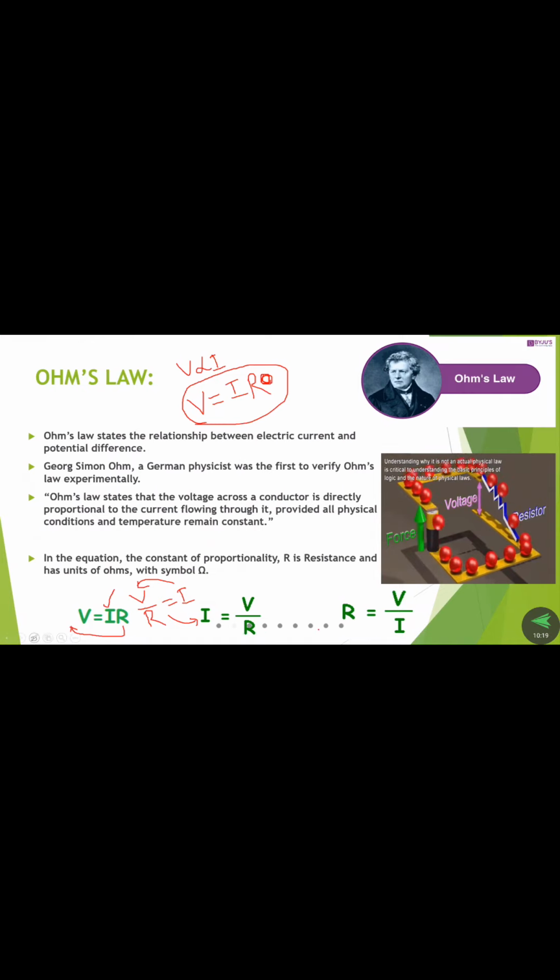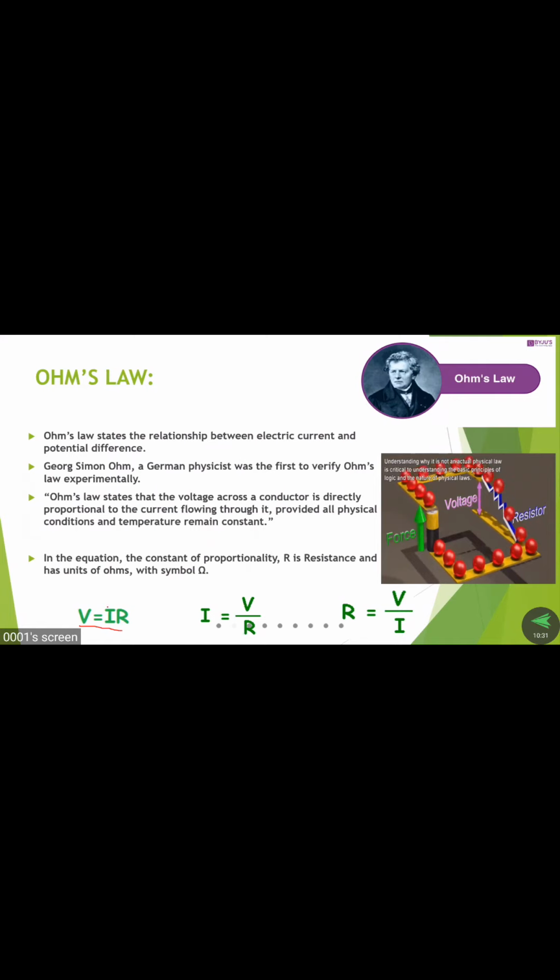Similarly, to determine the R value, we write R equals V by I. From the first equation, we want to determine the R value, so I should be moved to the LHS side. Then what equation do we get? V by I, because I is multiplied on the RHS side.